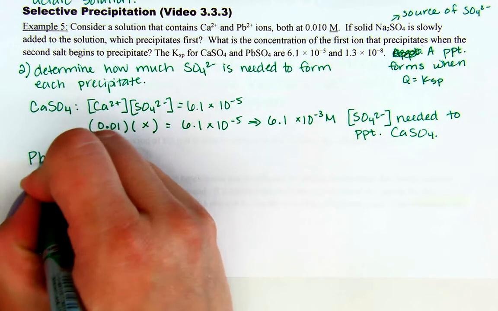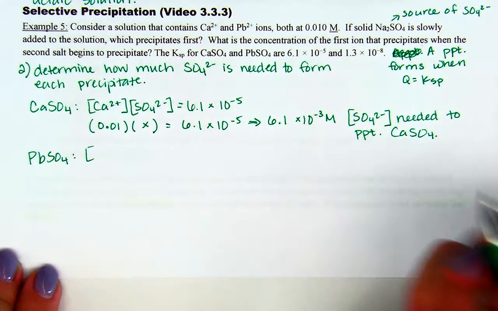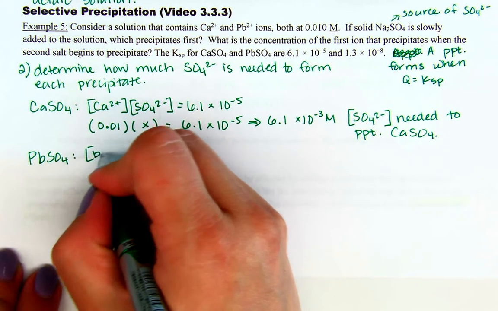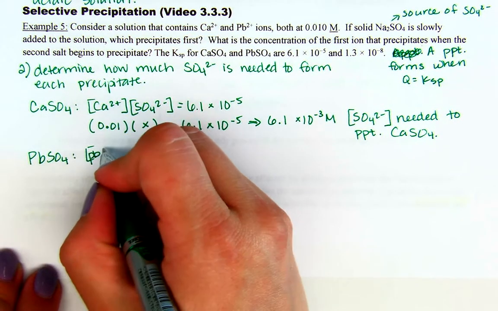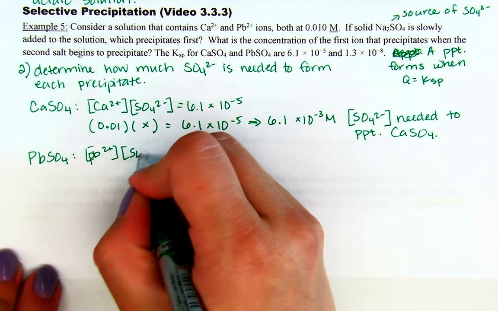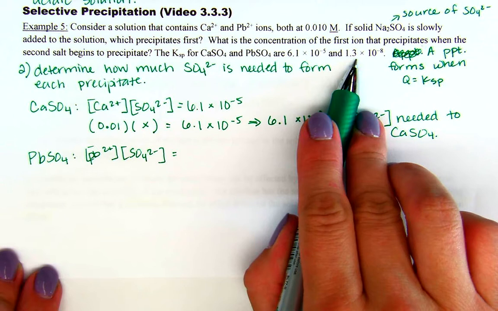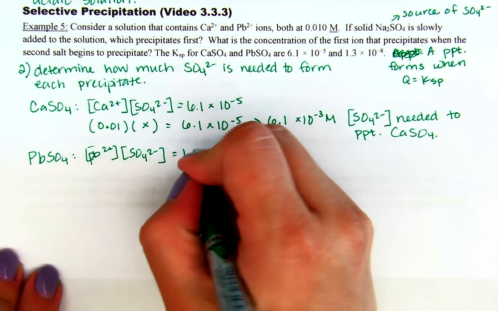So for lead sulfate, we're going to approach this much the same way. So PbSO4, going to go ahead and write our equations here. So your lead, Pb 2+, times SO4 2-. And here our KSP is 1.3 times 10 to the negative 8.